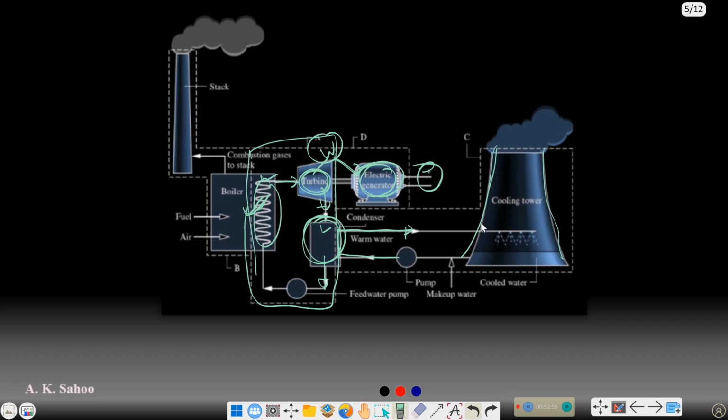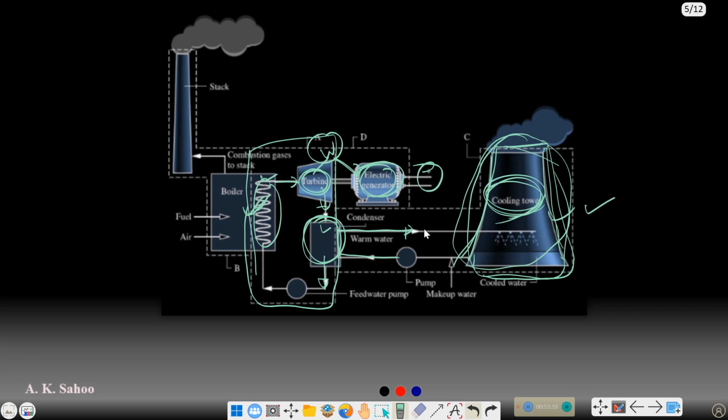You must have seen this device, the cooling tower. If there is no river, we have to use a cooling tower. How the cooling tower works is out of scope for this course right now, so we are not going to discuss it. But its function is that if we provide hot water to the cooling tower, it cools it. At the outlet we get cold water, and at the inlet we provide the hot water, so that you can remember.